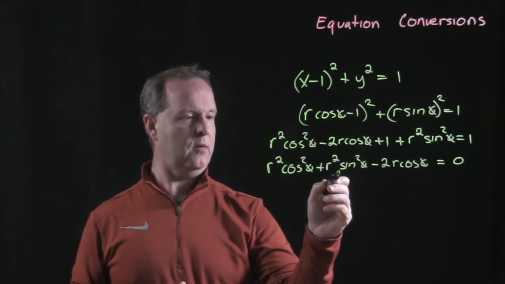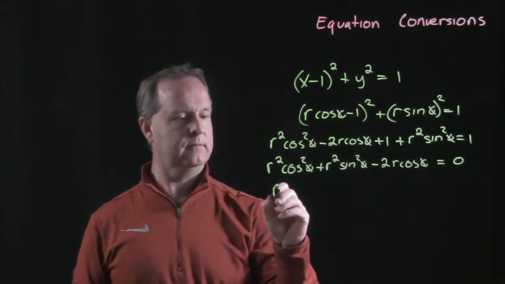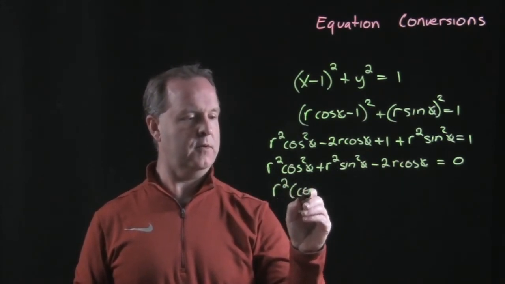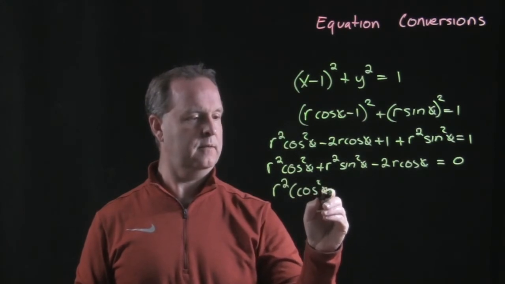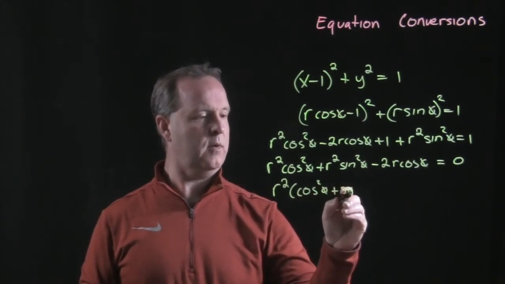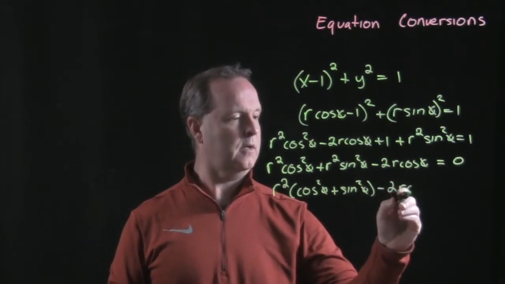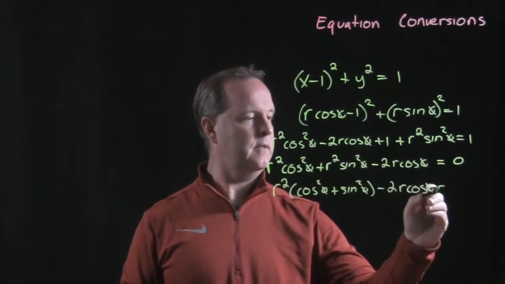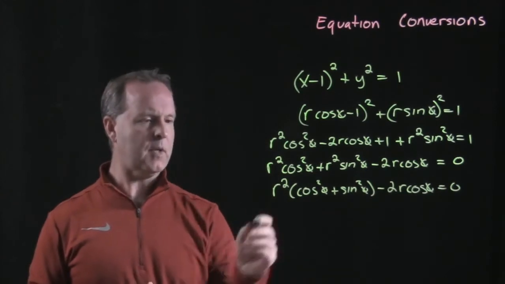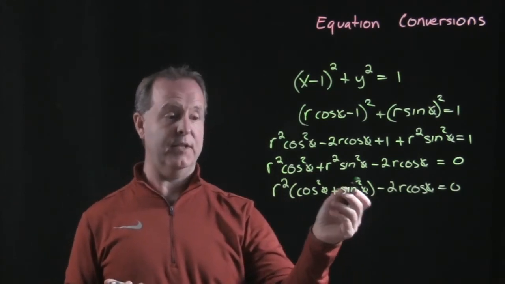Factor out an r squared right here. I'm left with cosine squared theta plus sine squared theta, minus 2 times r cosine theta equals 0. Cosine squared theta plus sine squared theta, that's just 1.